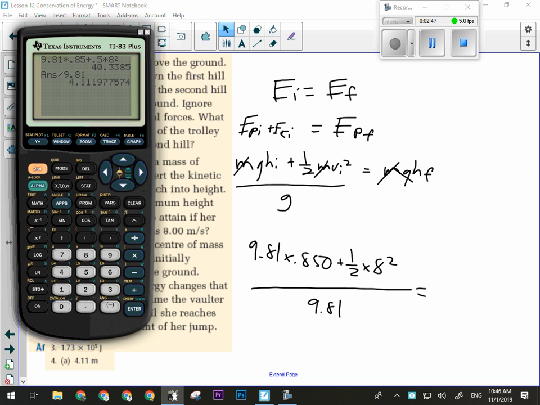That is impressive. That is like world record territory for a pole vaulter. 4.11 meters is almost 14 feet.